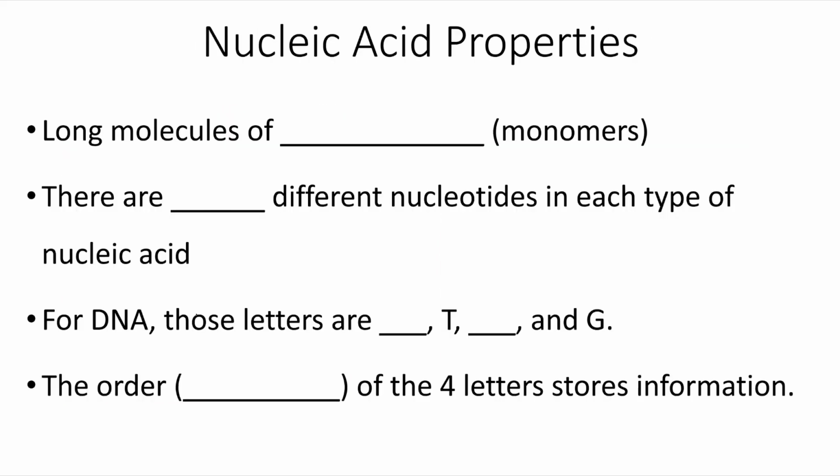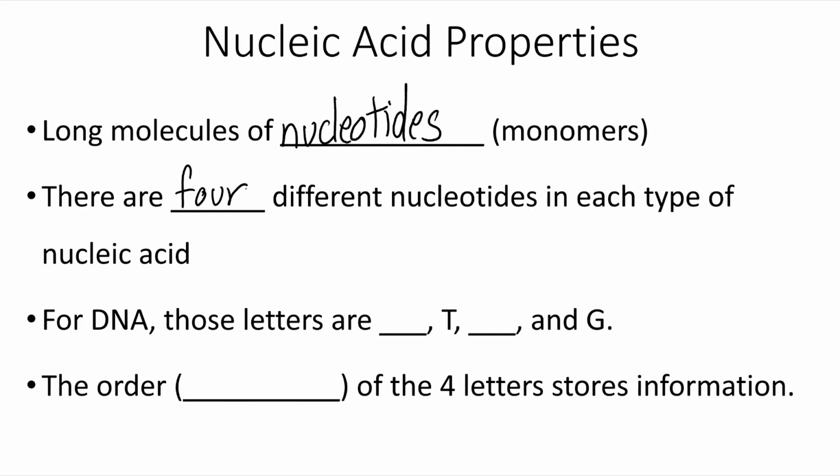Let's talk a bit about nucleic acids. First, nucleic acids are long molecules of nucleotides. So the nucleic acids, DNA and RNA, they are the polymers, whereas the nucleotides, they are the monomers. And it turns out that there are 4 different nucleotides for each type of nucleic acid.